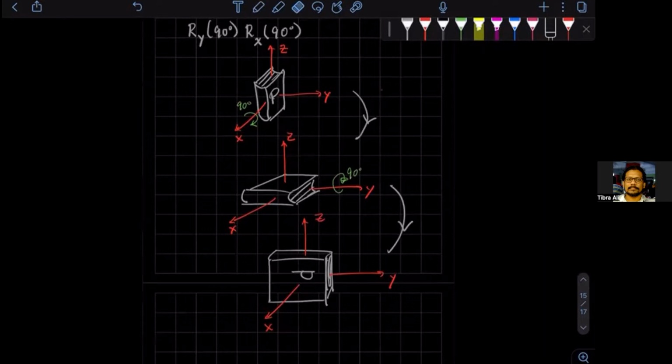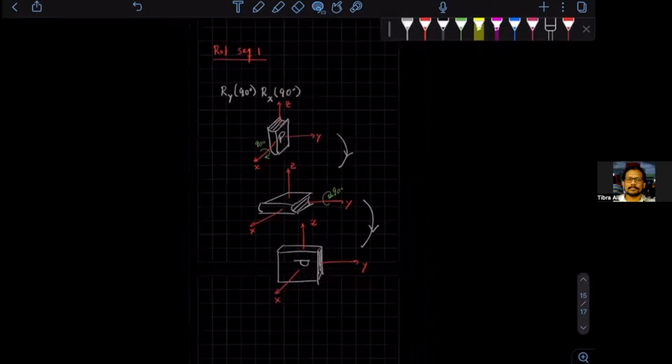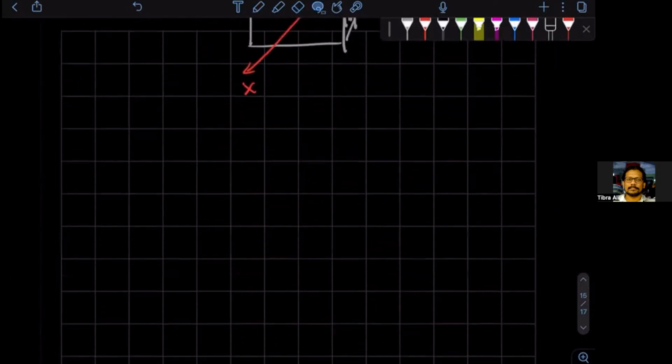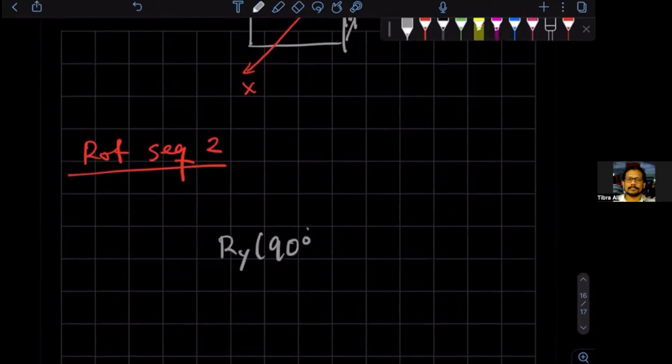But now let's look at a different rotation sequence. Let's call it rotation sequence 2, where first I do the rotation around the y-axis by 90 degrees, and then rotation around the x-axis by 90 degrees. Okay?